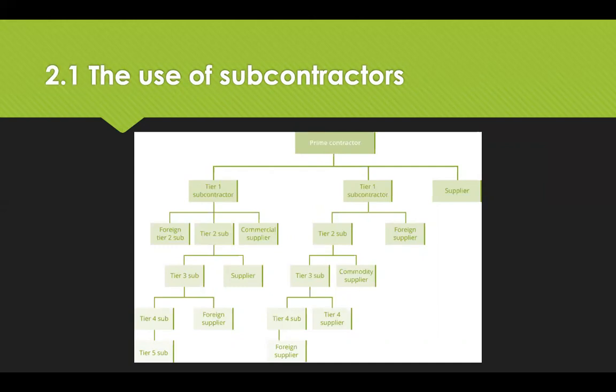So, for example, in the construction industry, the main contractor will use subcontractors for roofing, plumbing, electrical, and other services. Subcontractors can also further subcontract some of their services. So having subcontractors can create risks, which must be monitored carefully.